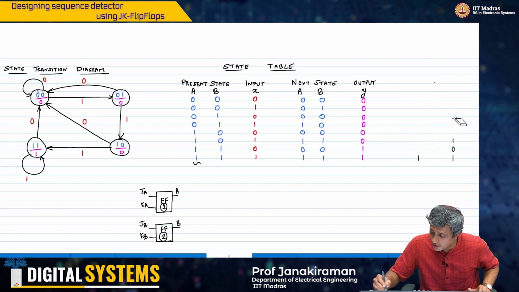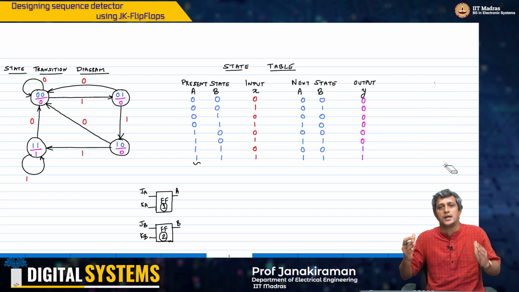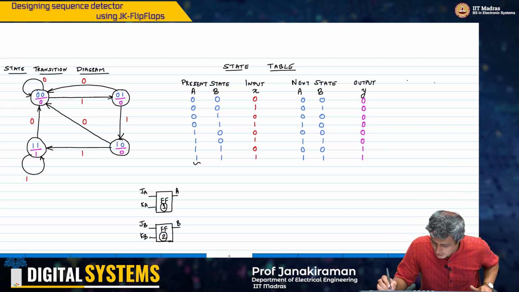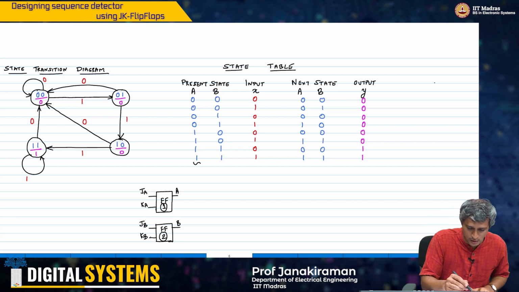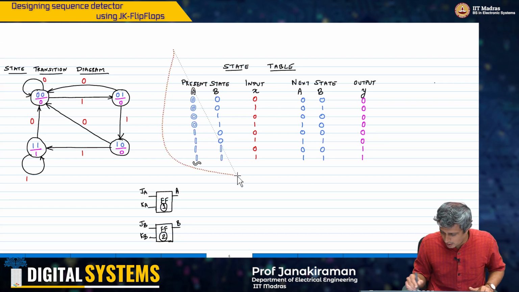Everything in this state table remains the same except what we want to give here. This is the only thing that is going to change when we move from a D flip-flop to a JK flip-flop. So I will talk about flip-flop inputs here. Let me give myself a little more space.